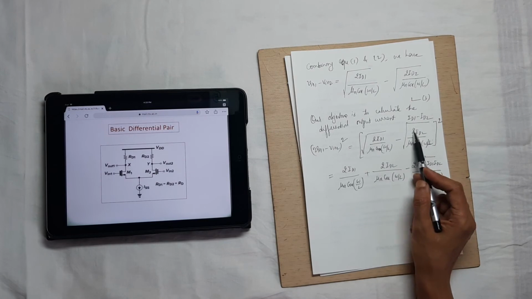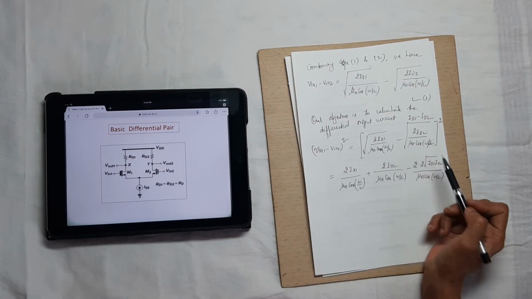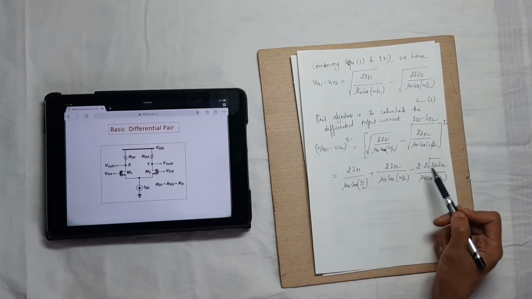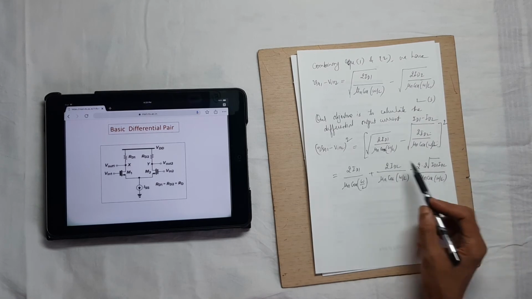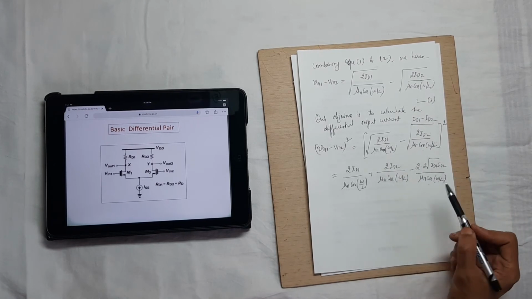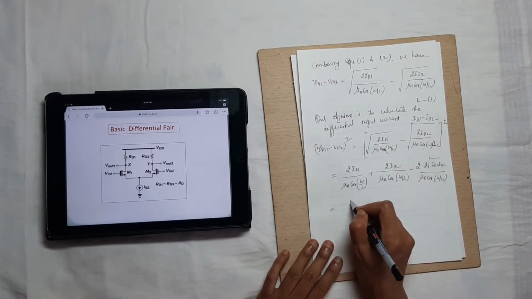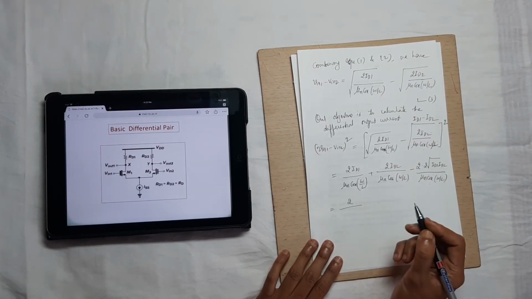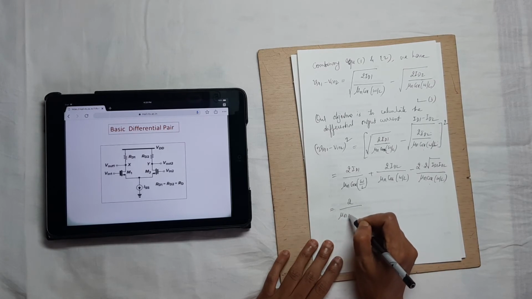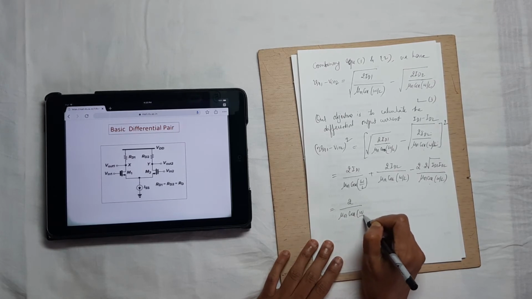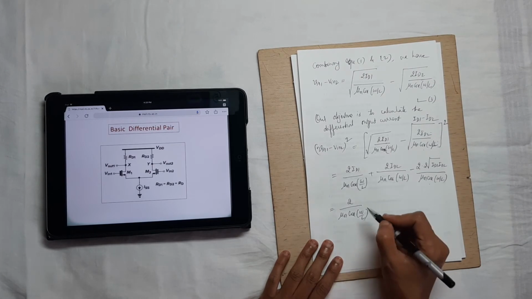See 2ID1, 2ID1, ID1 and ID2 in bracket and 2 will be outside and this will be only mu n Cox W by L. This is equal to 2 divided by mu n Cox W by L as a common factor.